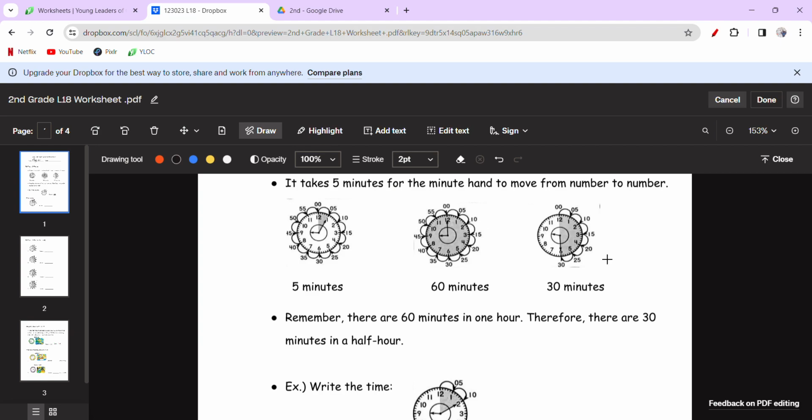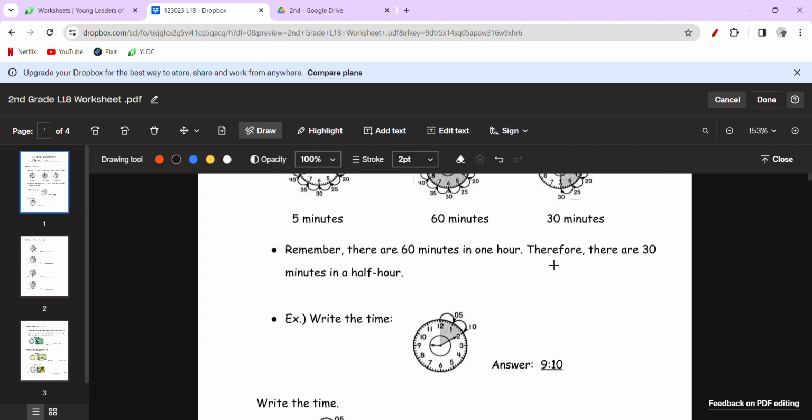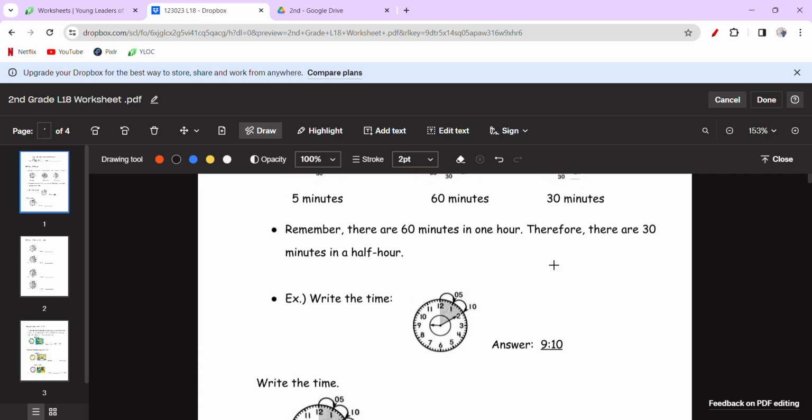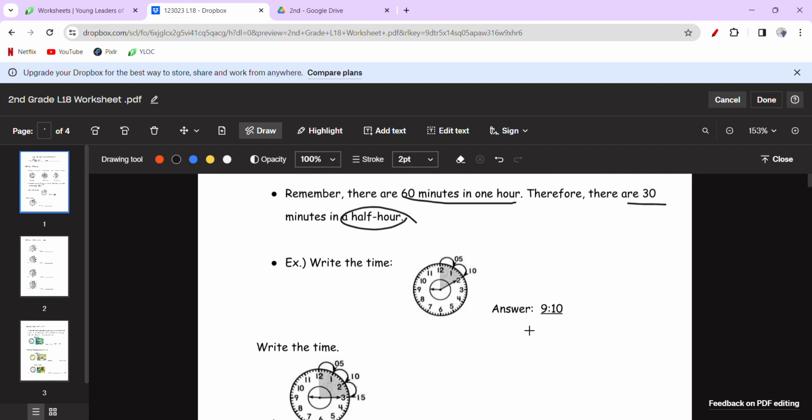Okay, and the 30 minutes, the 5 moved how many times? 6 times, right? So the 1, 2, 3, 4, 5, 6. So you're counting by 5s every time. So there are 60 minutes in 1 hour. Therefore, if there are 30 minutes, it would be called a half hour.